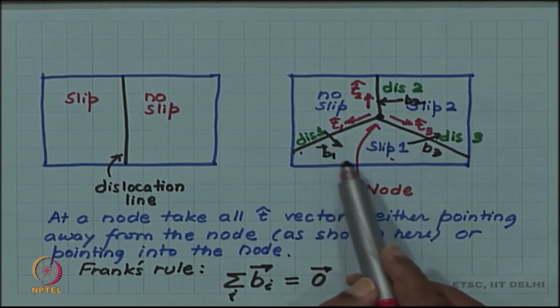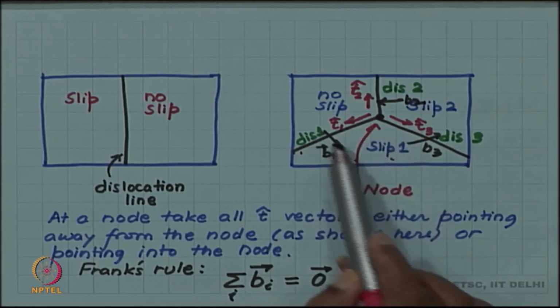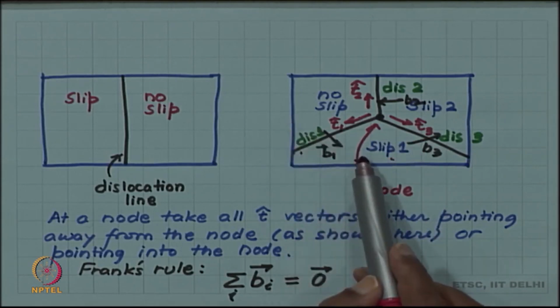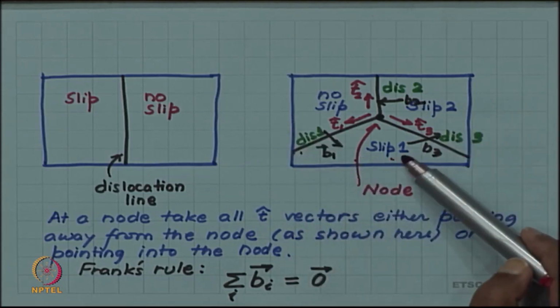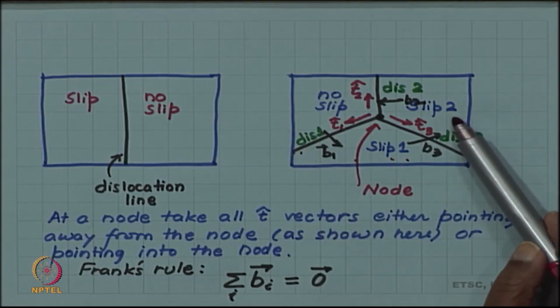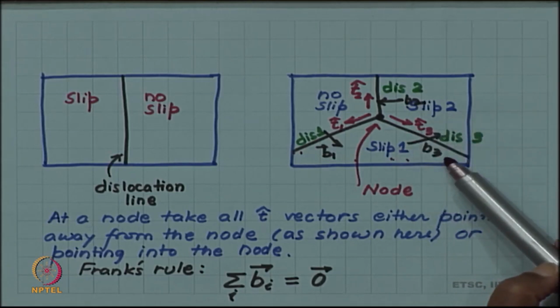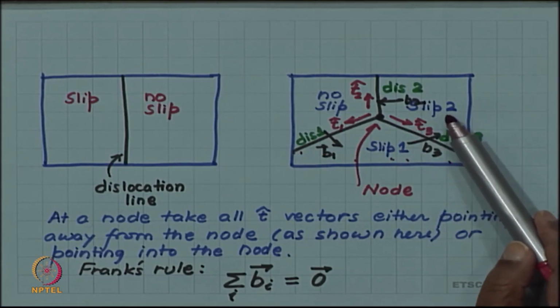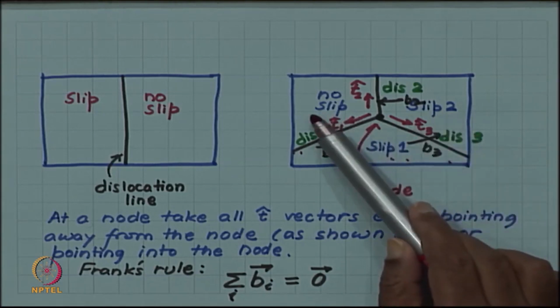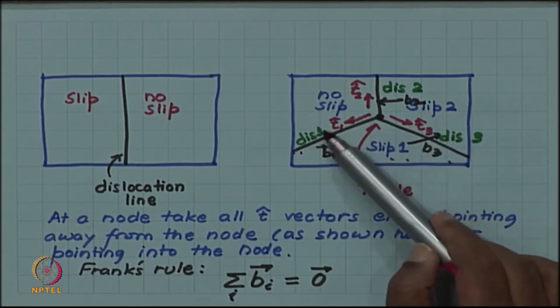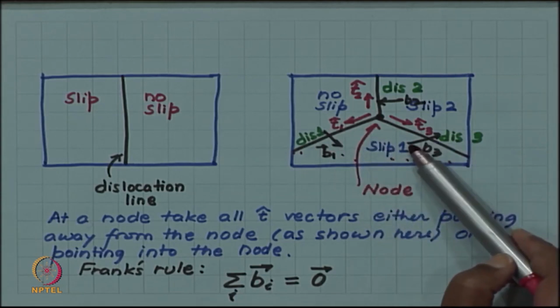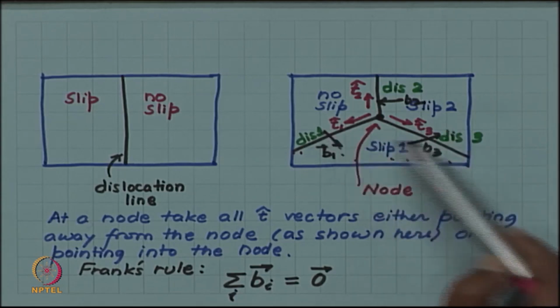So, this region is slipped by a vector B1 with respect to the no slip region. As I cross this dislocation line 3 now, I get a further slip of Burgers vector B3. So, now the total slip of region 2 with respect to the starting region, which was the no slip region, is B1 plus B3.